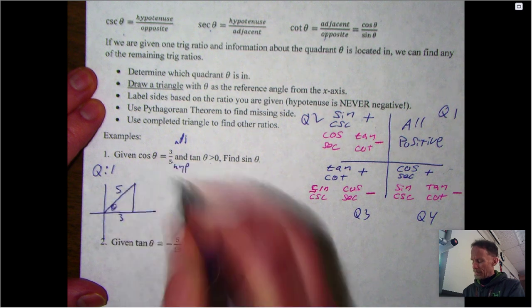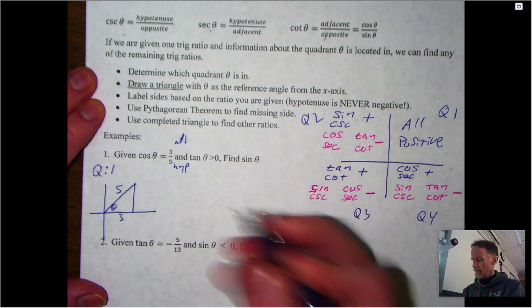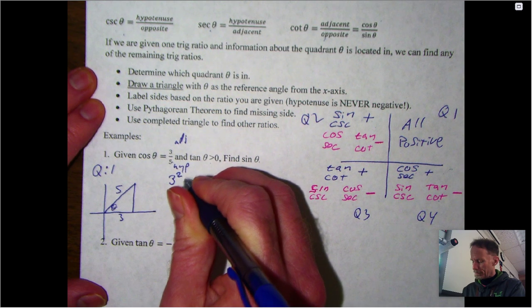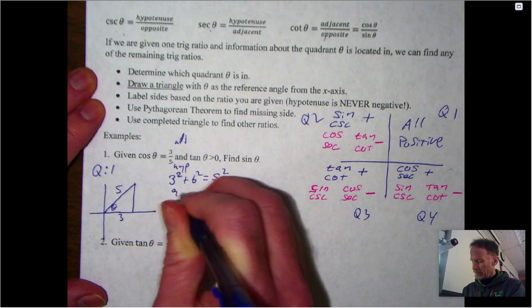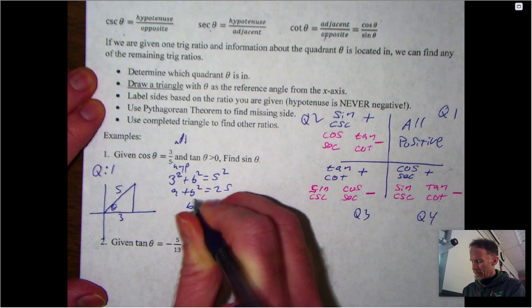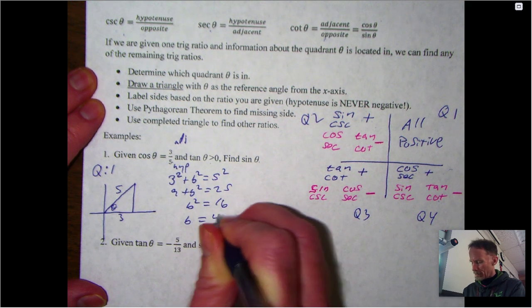The hypotenuse is 5. You probably recognize this is a 3, 4, 5 triangle, but in case you don't, we can always use the Pythagorean theorem. So b squared is equal to 16, which is a clean number, so b is equal to 4.